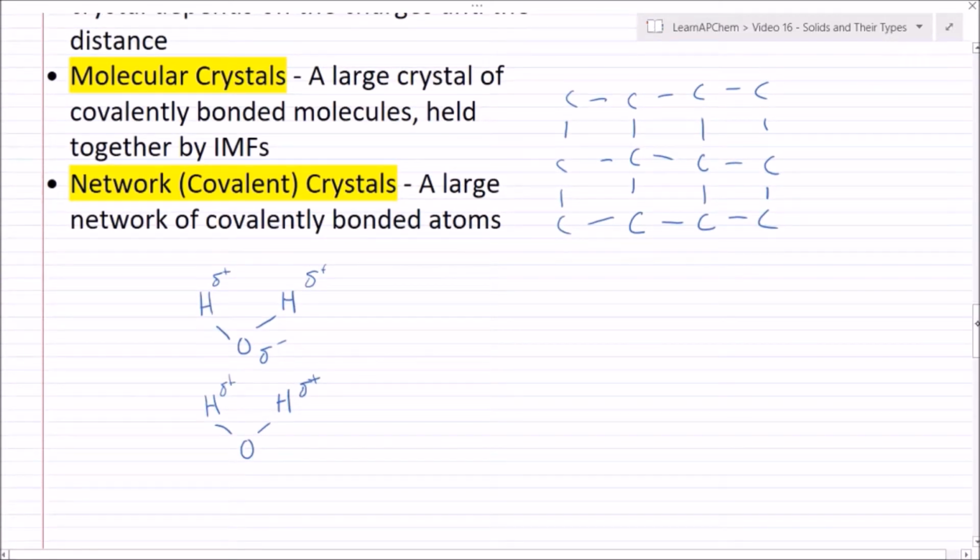So we have a bunch of covalent bonds between these carbons, while here what's holding them together is IMFs. So that's the key difference between a molecular crystal and a network crystal.